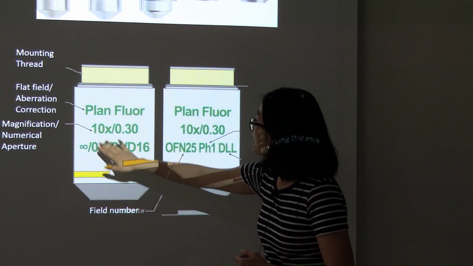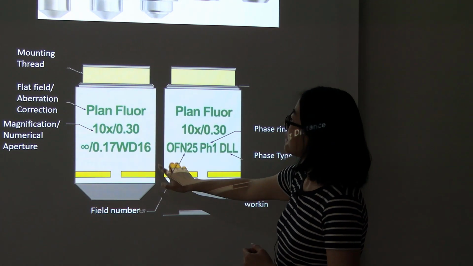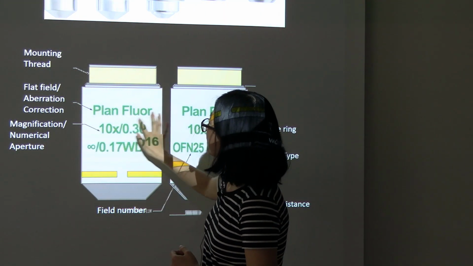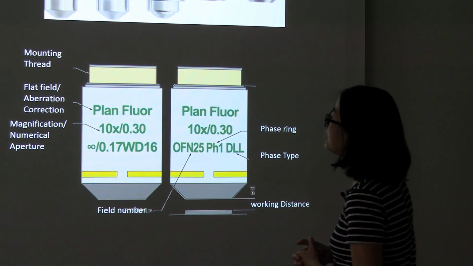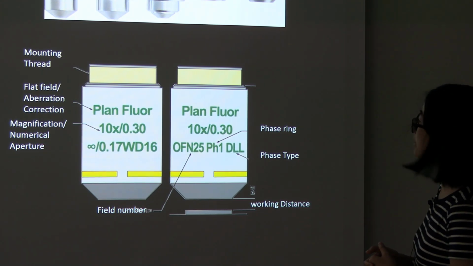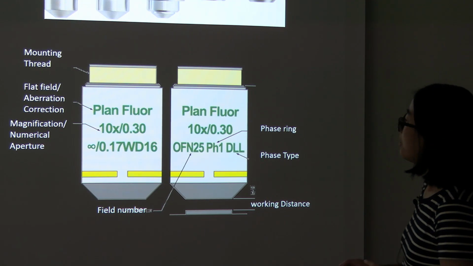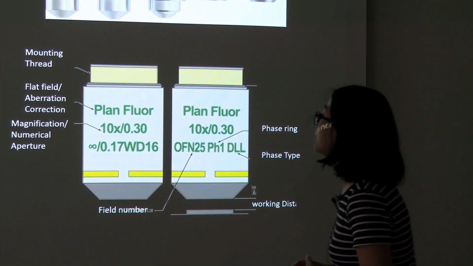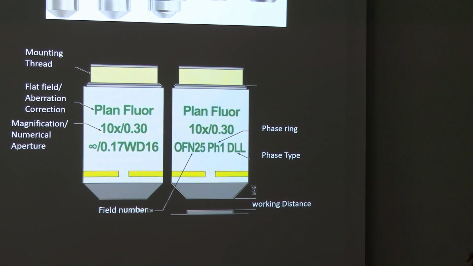And here shows you some information that you can see. From this line, you can see if it's a bright field, or it's the aberration correction, or here shows you the magnification and the numerical apertures.